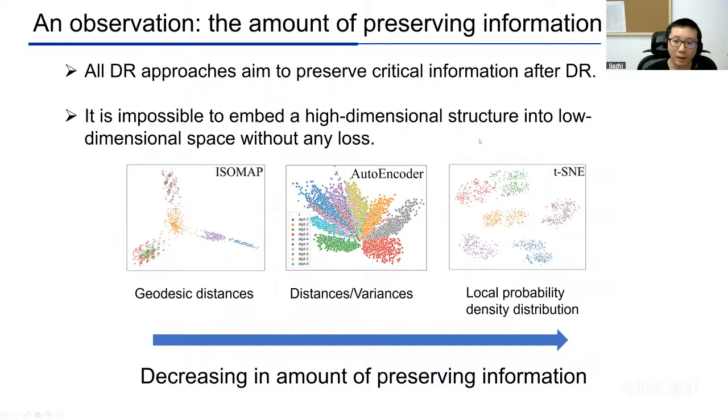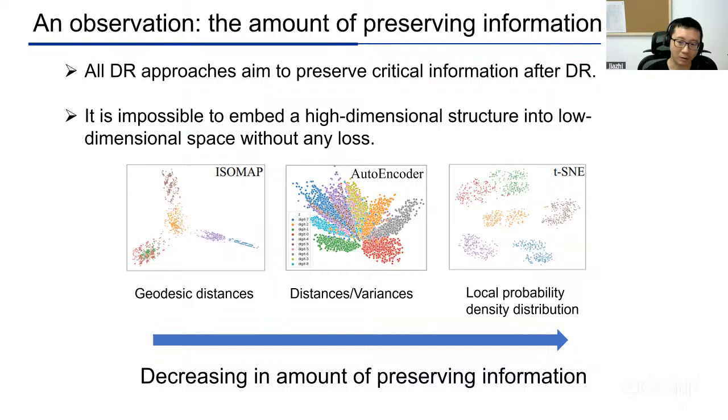The third one is the famous t-SNE. It tries to preserve the local probability density distribution. It gives up the hard constraint of rigid high-dimensional structure. Instead, the local probability density distribution is a soft constraint.